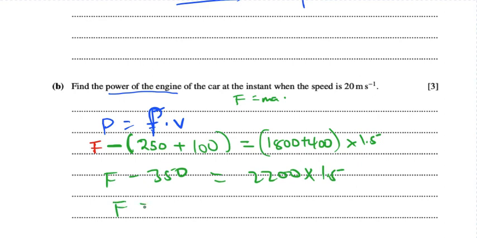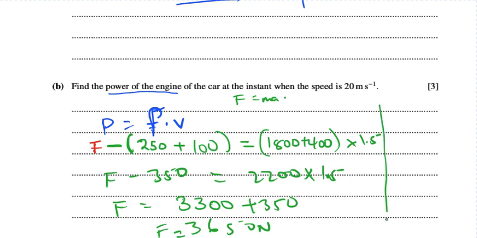So remember, this is 1.5, not 15. On the right hand side we shall get 3300, but we shall add on 350 because the 350 is negative on the other side, and then F will be 3650. Okay, these are newtons.